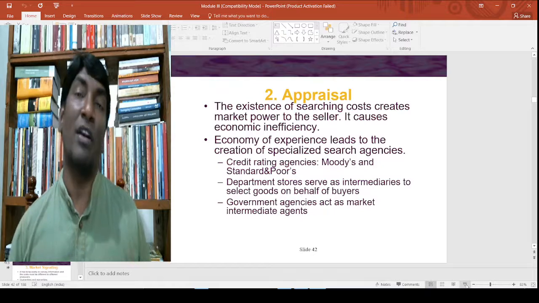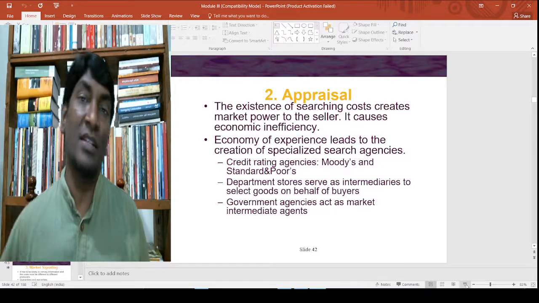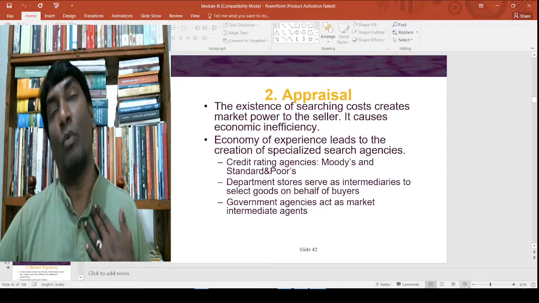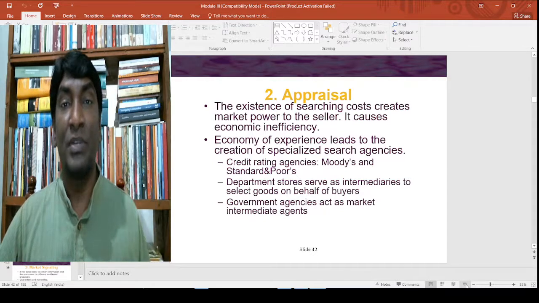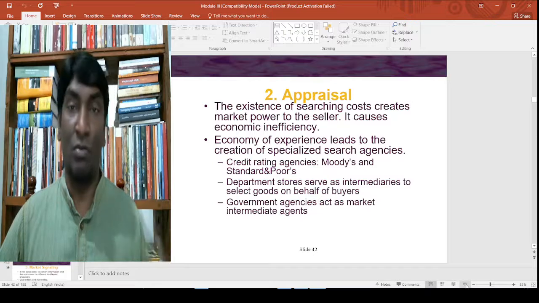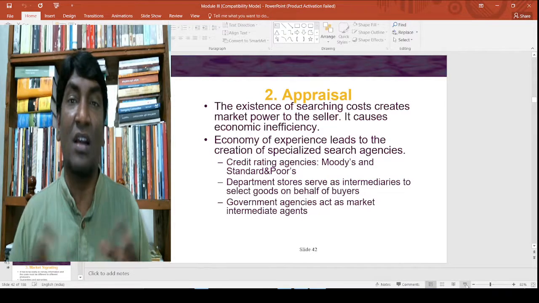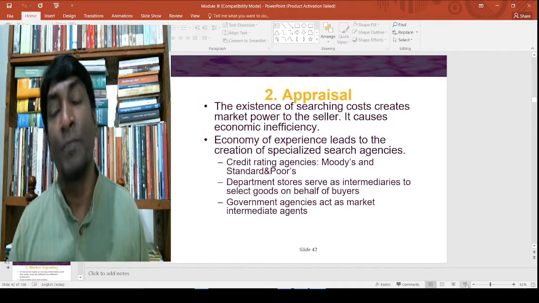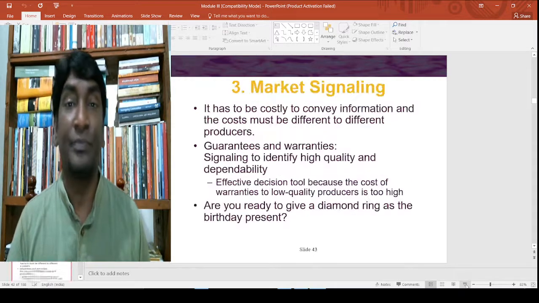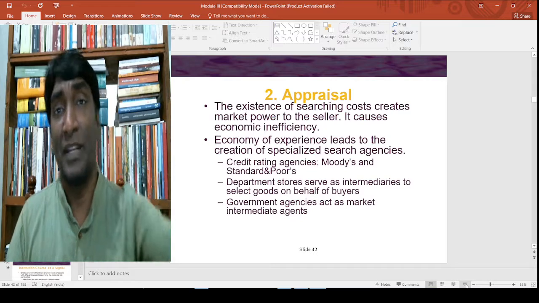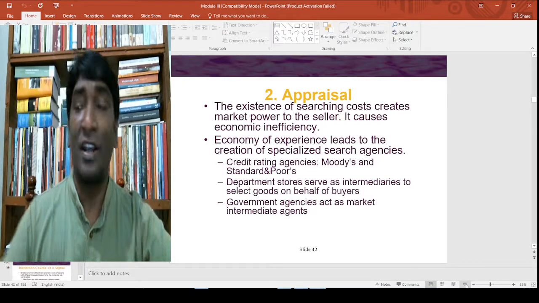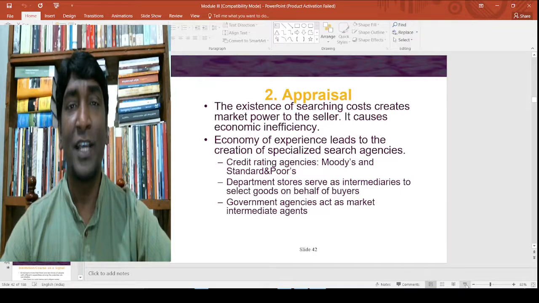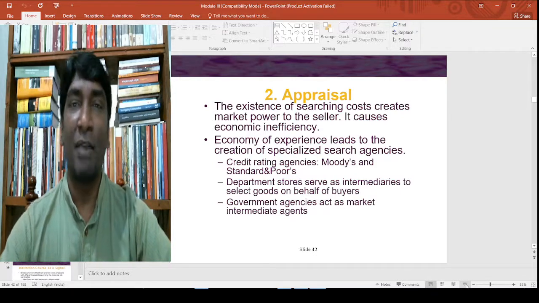Of course, you are in the market, I am also in the market, and some third party will recognize whether I am a good purchaser. So appraisal is normally done by a third party, not the buyers and sellers themselves, while screening is done by the buyers themselves. Whether something has to be purchased or not would be determined by the buyers themselves.